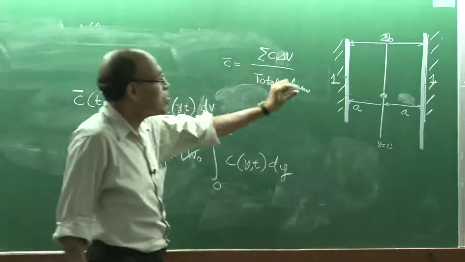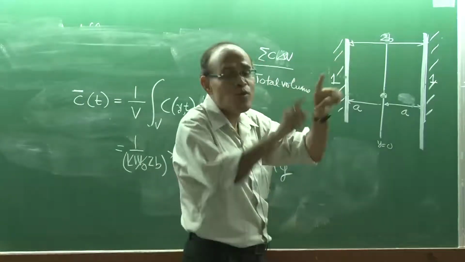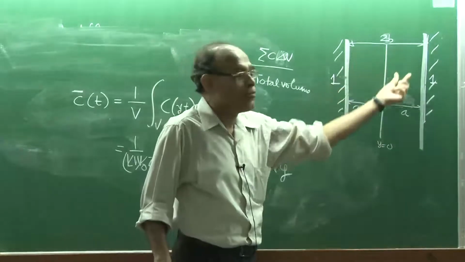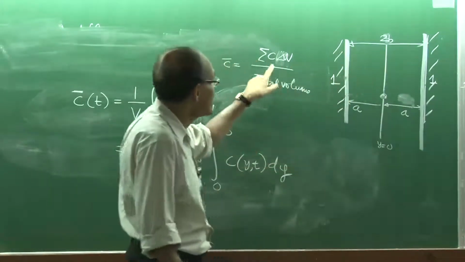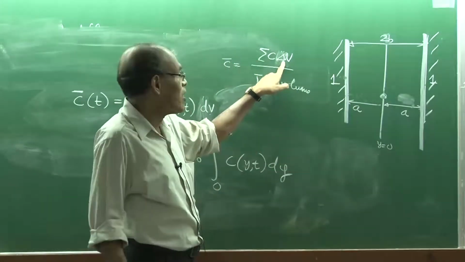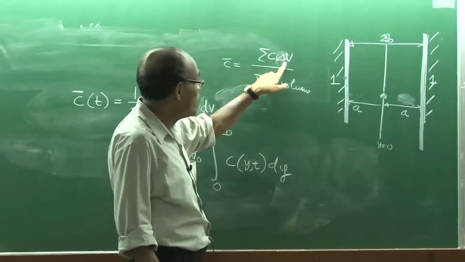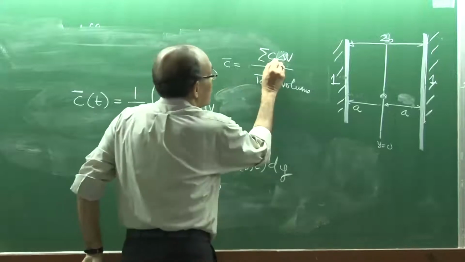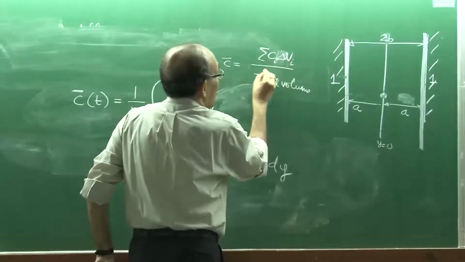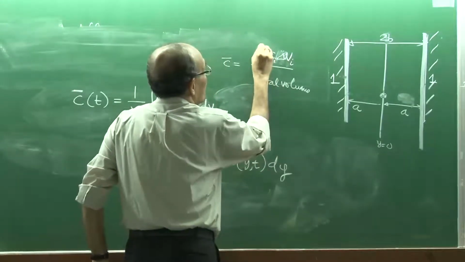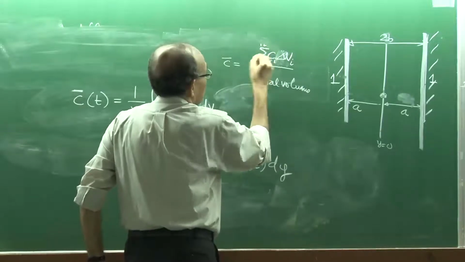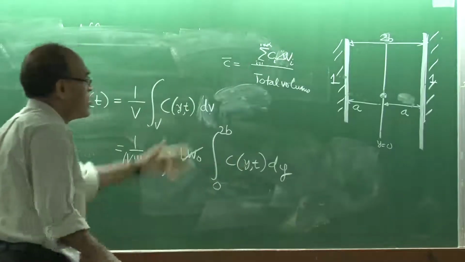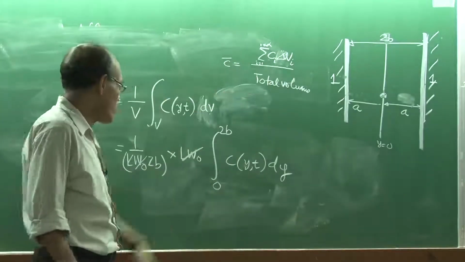So I know the concentration here, concentration multiplied by the volume, so I can discretize the volume into a number of non-overlapping small volume elements, and delta V represents the volume of such an individual volume element. If I take the corresponding Ci into Vi, and then i equal to 1 to I equal to whatever you may consider, alpha or beta, and this is the total volume. So that's the definition of this.